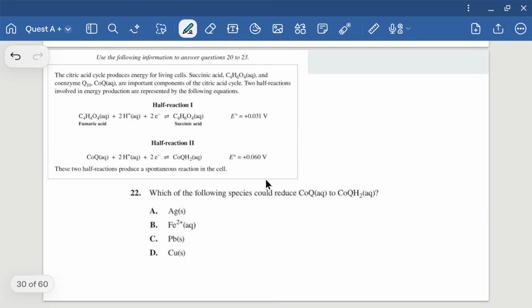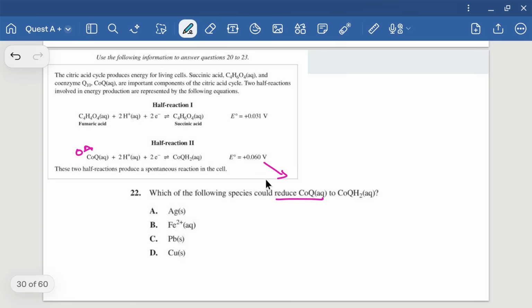Okay, again, I know I'm going fast, so if there's any question you would want me to redo for you, just let me know. Then the next one: which of the following species could reduce COQ to COQH2? In this one, you're again just looking at placement on the table. If it can reduce this, and we know that this is an OA, then to be undergoing reduction, you need a value lower than this on the table.